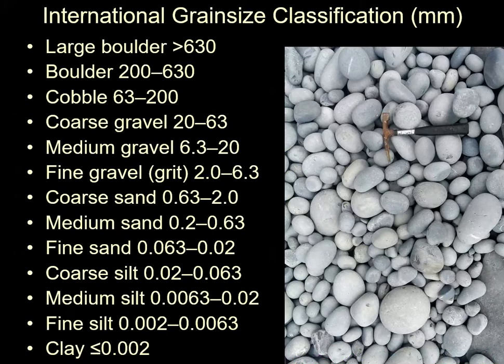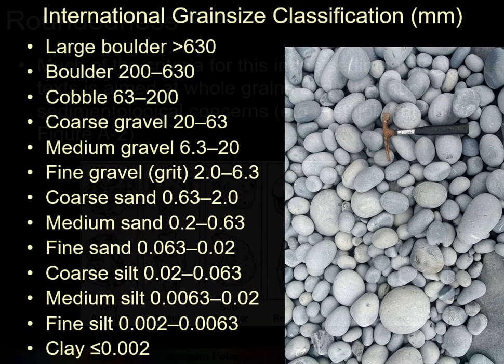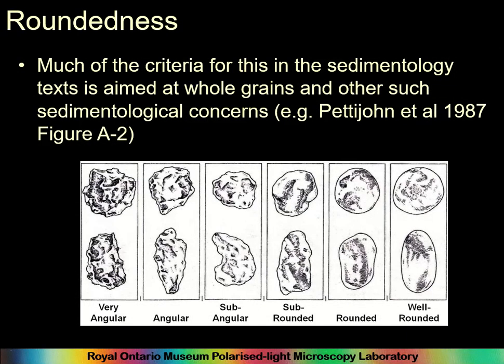But you also have the International Grain Size Classification, which is not so very different. So, roundness. Again, much of the criteria for the sedimentary text is aimed at whole grains and other such sedimentological concerns, e.g. Pettijohn et al. 1987. So this is Pettijohn again.